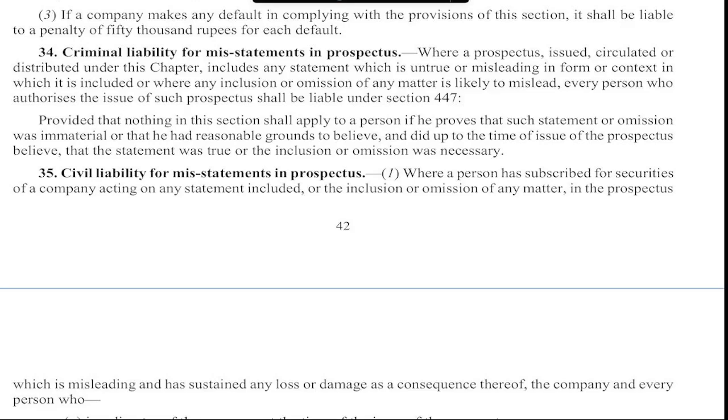Underline. Below, write down A: Prospectus should project the company as a whole.